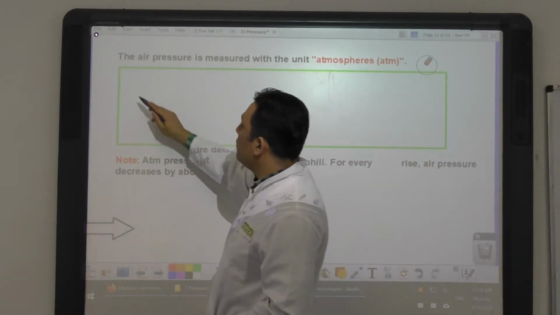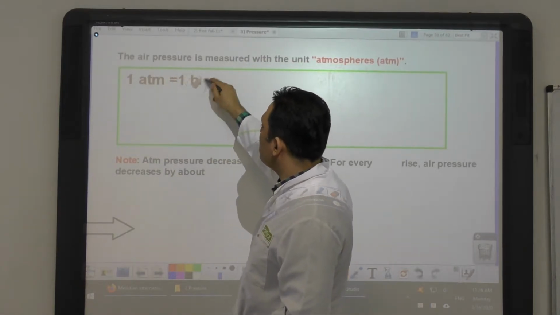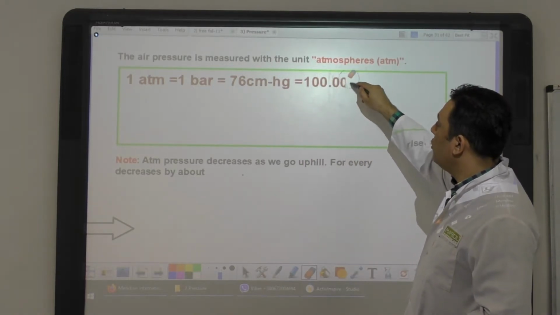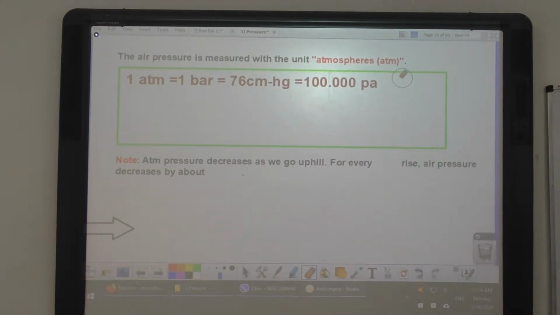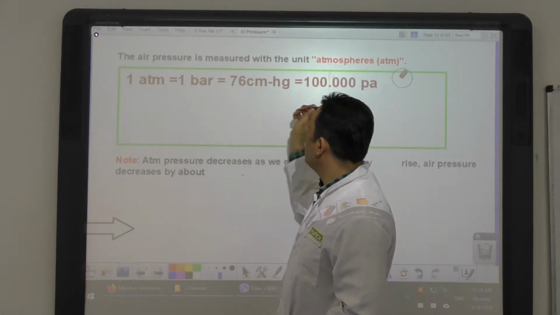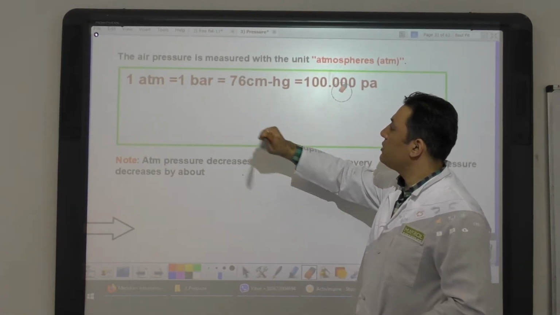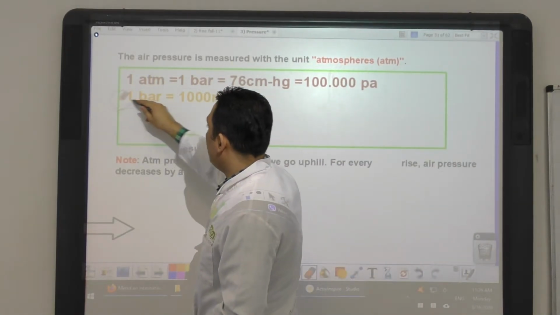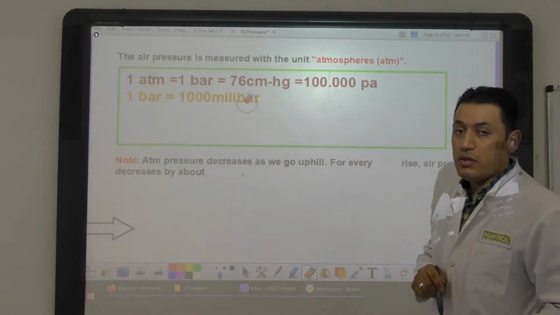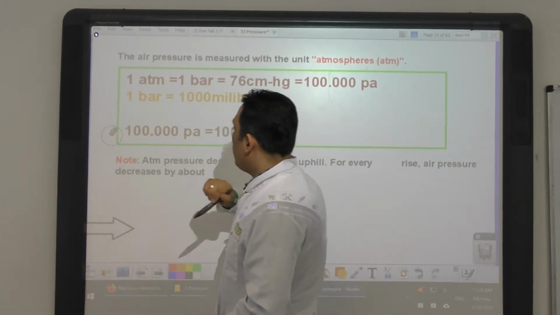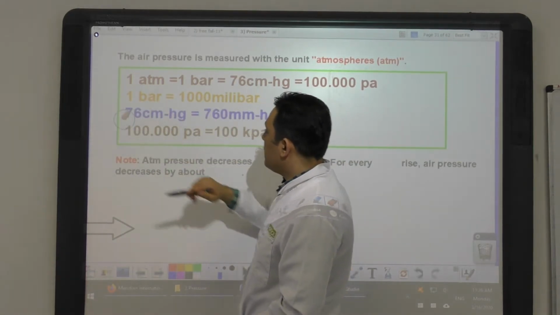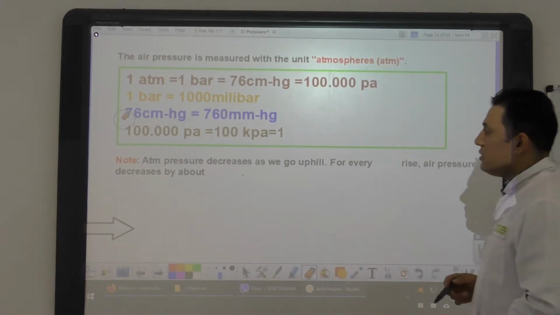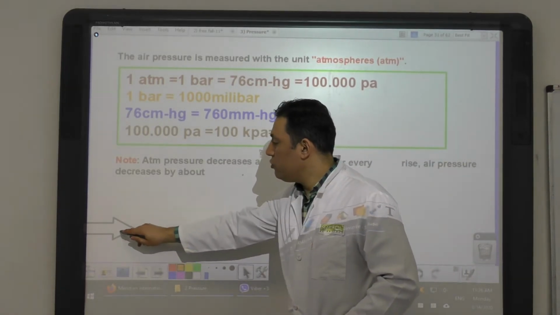There are also conversions of atm into different units of pressure, like bars or centimeters of mercury. So 1 atm is equal to 100,000 pascals, 1 bar is equal to 100,000 pascals, and 76 centimeters of mercury is also equal to 100,000 pascals. And 1 bar is equal to 1000 millibars, 100 kilopascals, and 76 centimeters of rising mercury in the tube is also equal to 760 millimeters of mercury.